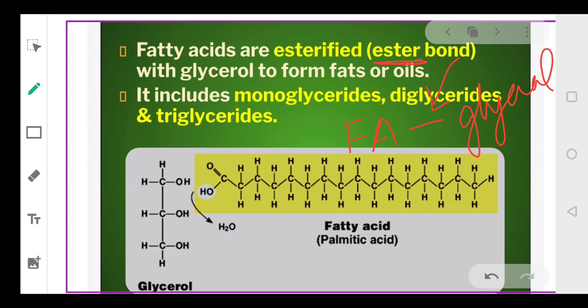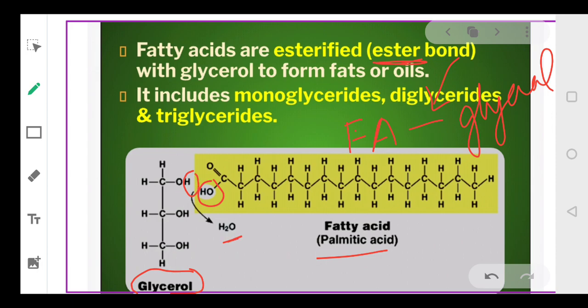Now just look at the diagram I'm showing you. This is a fatty acid, for example, palmitic acid. It will join with the glycerol molecule. So from here, what will happen? The OH from the fatty acid, and from here the H will be removed.